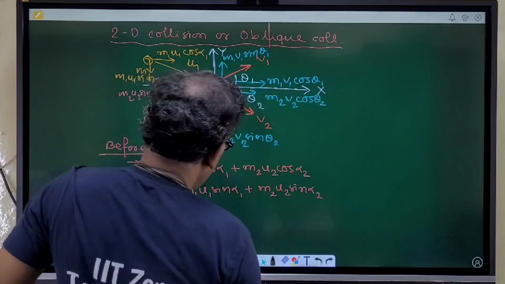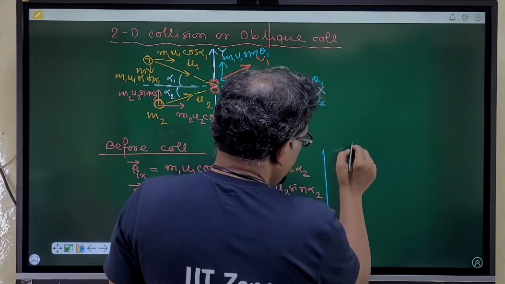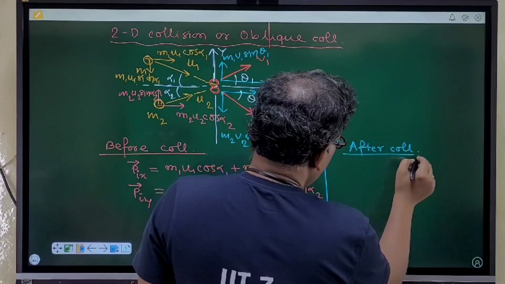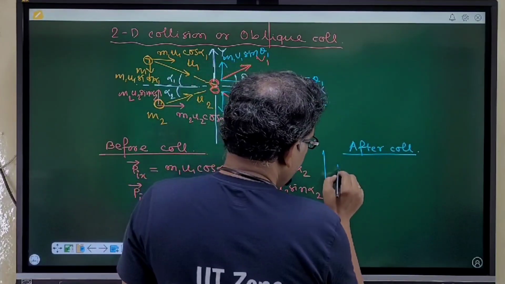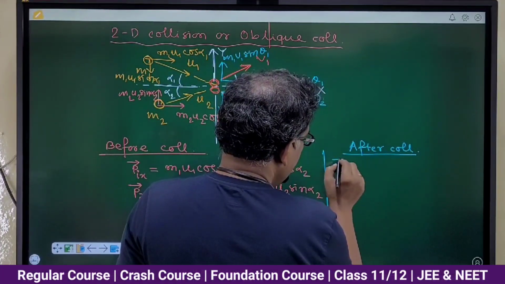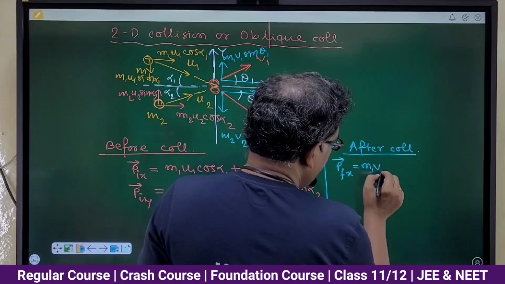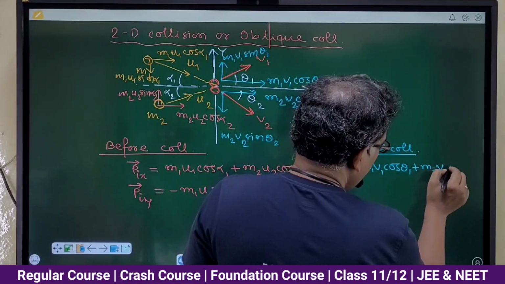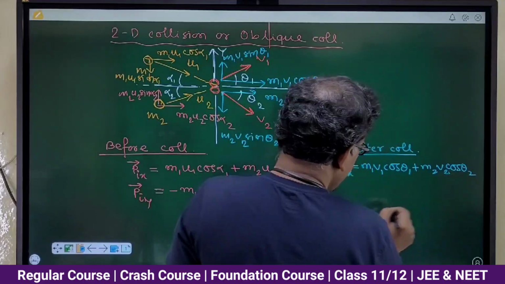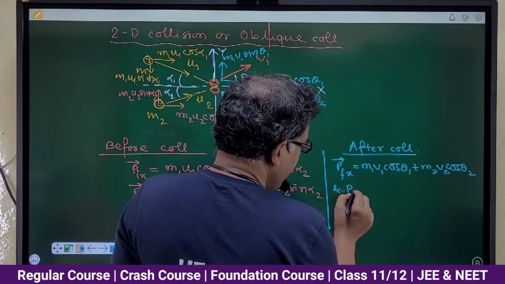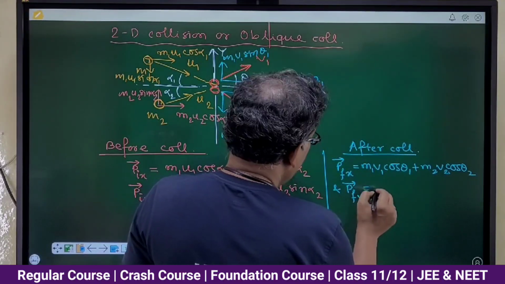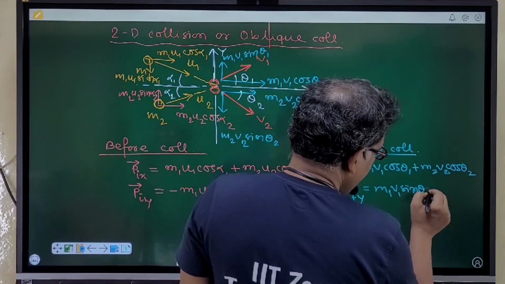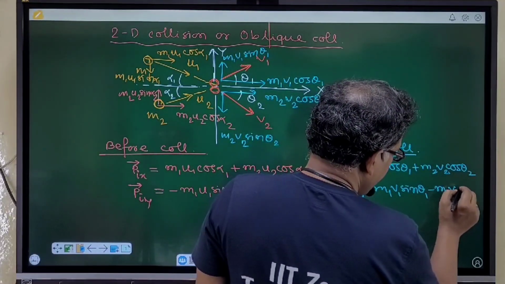So after collision, P final x is again m1 v1 cos theta 1 plus m2 v2 cos theta 2. And P final along y, this time m1 v1 sin theta 1 will be positive and m2 v2 sin theta 2 will be negative, right?